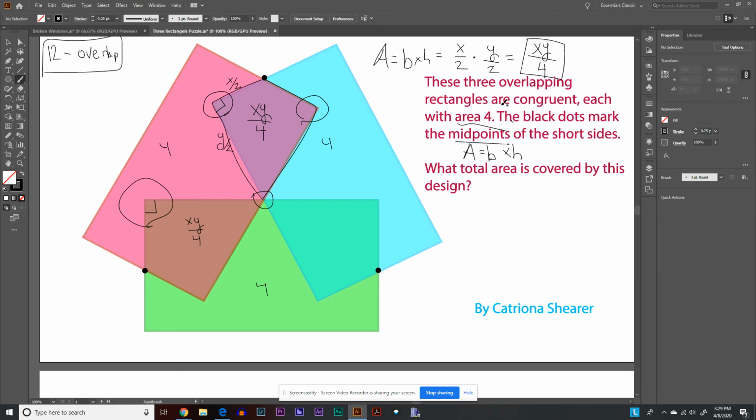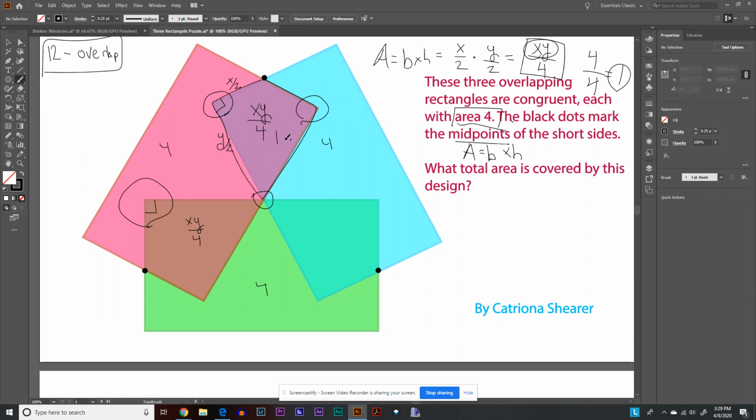One last point that I think many of you at this point have probably already connected is the fact that the area of each of these rectangles is 4, meaning x times y is equal to 4. So when we have xy over 4 as our area, what we're actually saying is 4 over 4, which is 1.